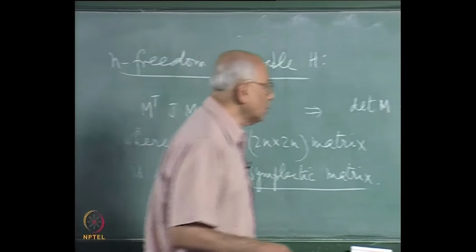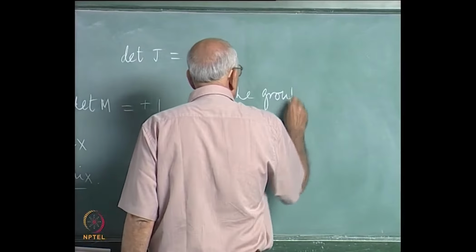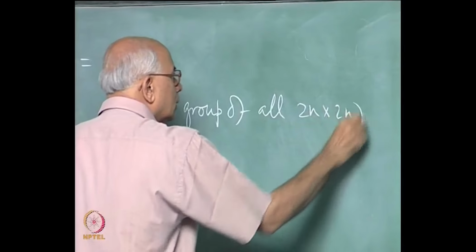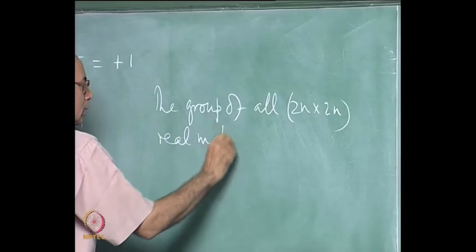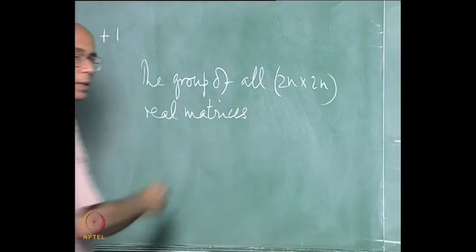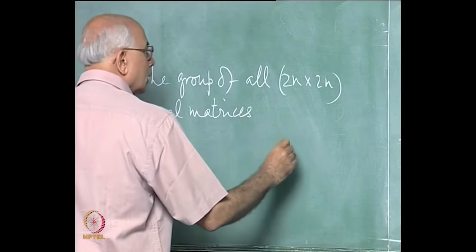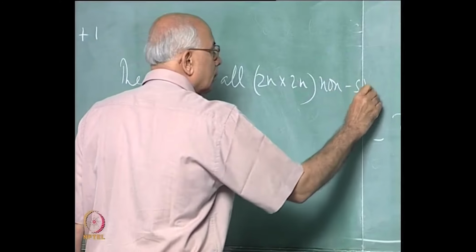So let me write that down. The group of all 2n by 2n real matrices. So we are restricting ourselves to matrices with real entries, 2n by 2n non-singular.